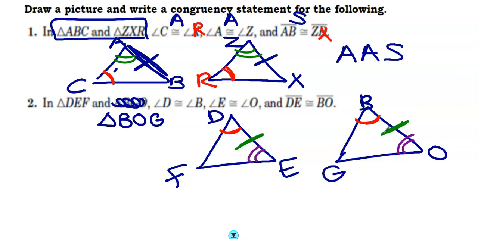So let's look at this. We have an angle and we have an angle, but where is that side? Well, it's sandwiched in between the two angles, so I'm going to write angle, side, angle. So remember, number 1, I had to change the X's to R's, and then number 2, I had to change it to BOG.